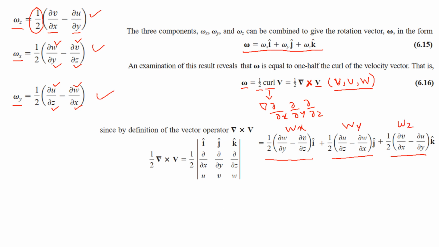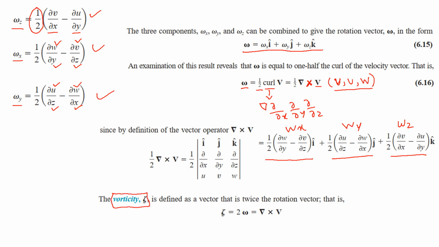So writing this in a more generalized way, we can represent this with the vorticity, as we mentioned in the first slide. If we write this in terms of 2 omega, this 2 will cancel out, and this 2 omega is called our vorticity, and this is the symbol for vorticity.